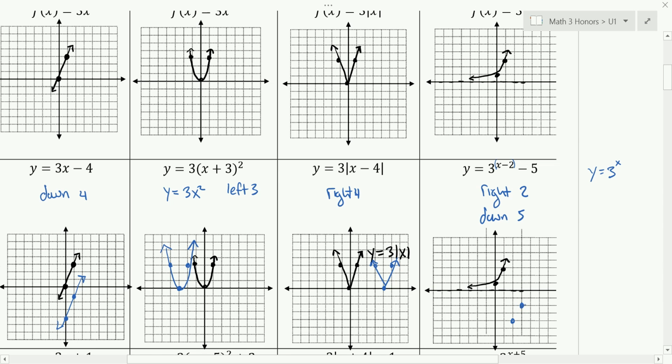But remember this function has that horizontal asymptote. And if you move that right or left, it's still the same line. That doesn't change. But if you move it up or down, it's going to be in a different location. And so we also have to move that down 5 units as well.